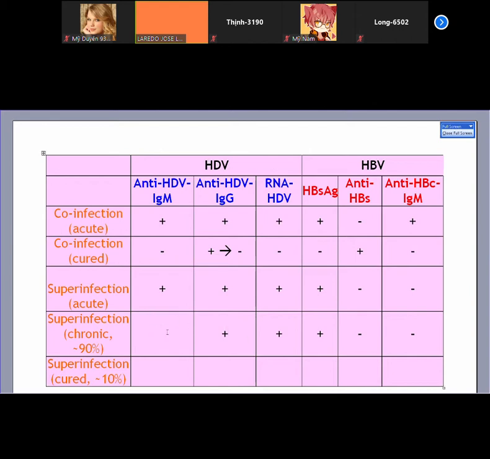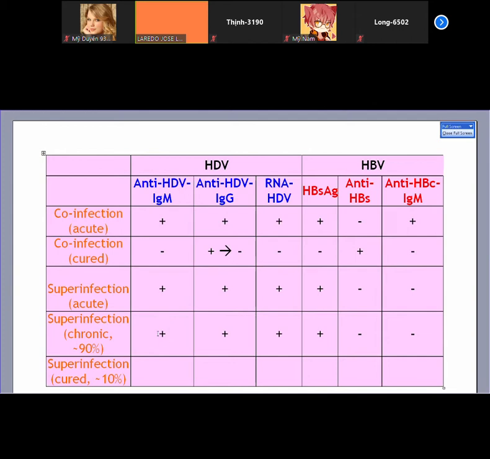And now we have something interesting. For most patients with chronic viral infections, the IgM disappears. That's usual for most chronic infections. However, in the case of hepatitis D virus, the IgM does not disappear.